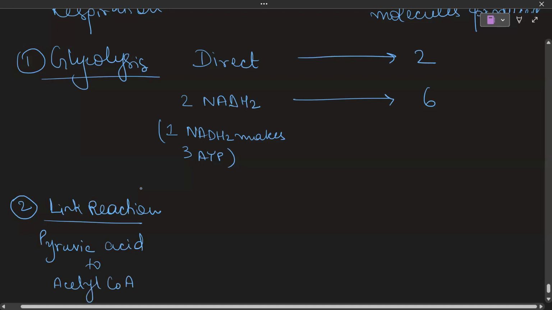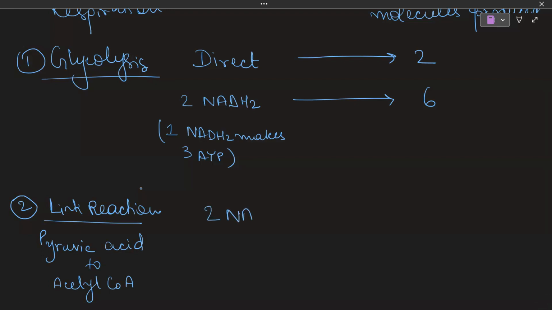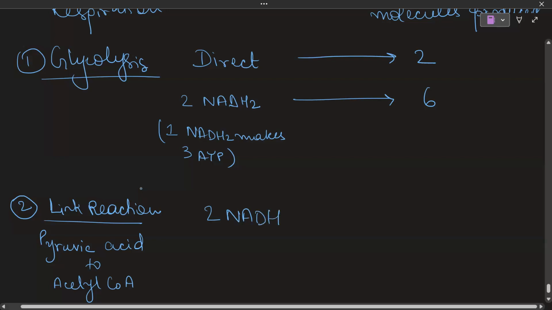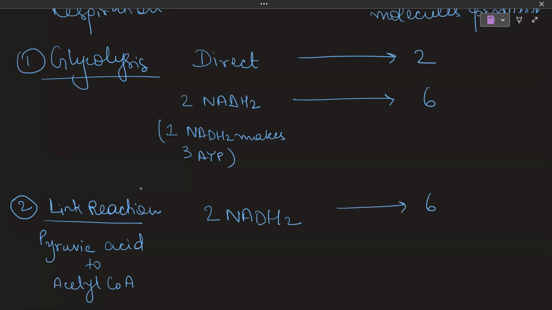Now you remember? During this process, 2 molecules of NADH2, how many ATPs will they make? 6. So they will make 6 molecules of ATP yet again.